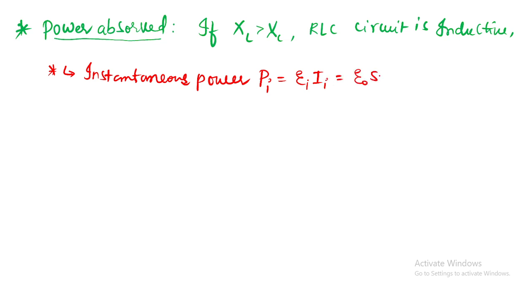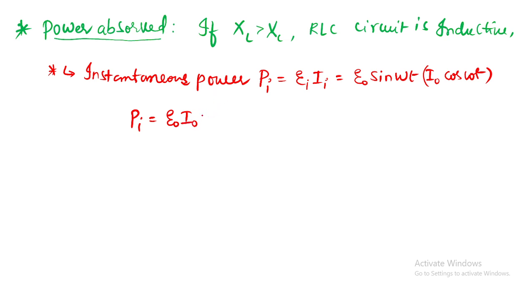How much are you giving here? E naught sine omega t, and we know the instantaneous current will be I naught into cos of omega t. Remember this one? Yes or no? So P instantaneous is equal to E naught I naught.